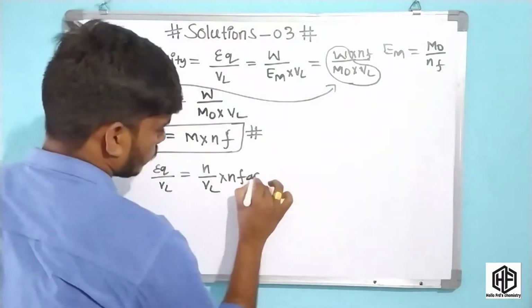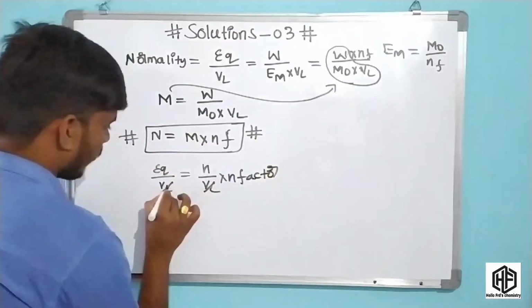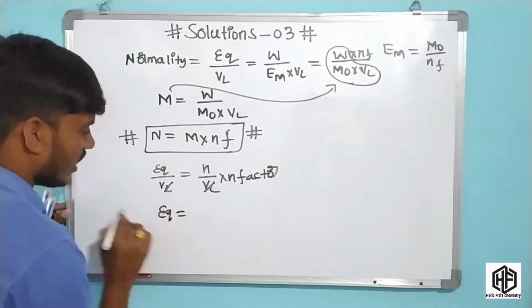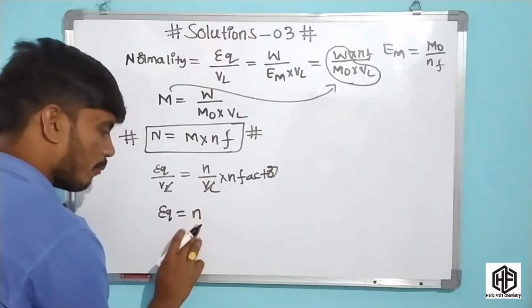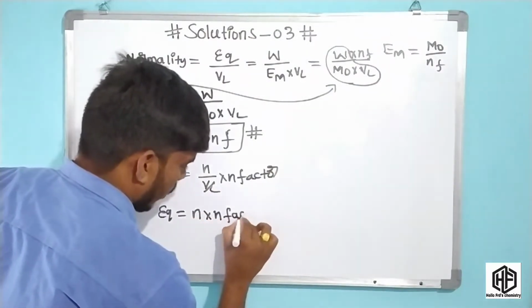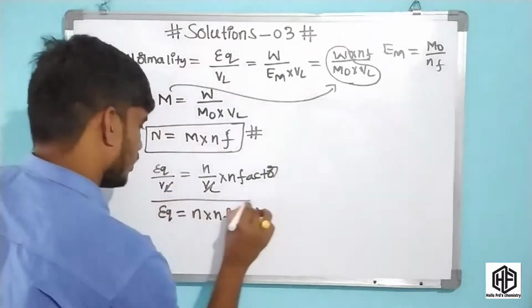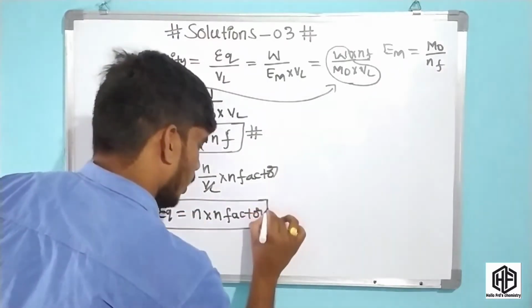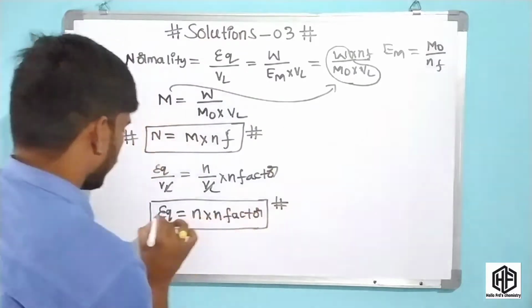Now the volumes cancel, so equivalent is equal to the number of moles of solute into n factor. This is one more important relation between molarity and normality.